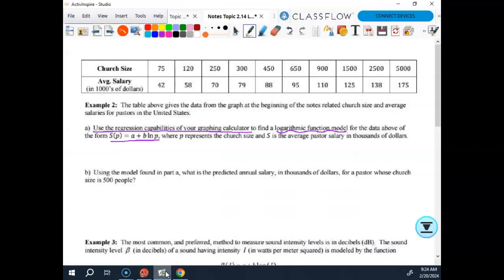So then we're going to say, all right, that means that S of P is equal to negative 91.542 plus 29.908 times the natural log of P.